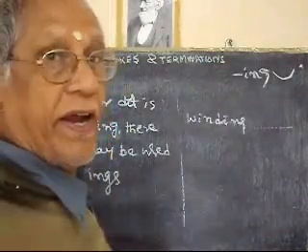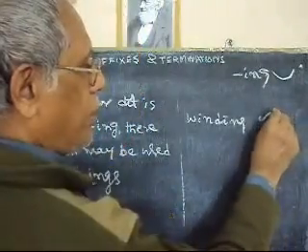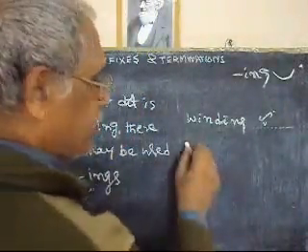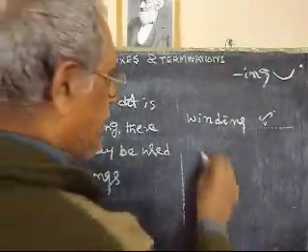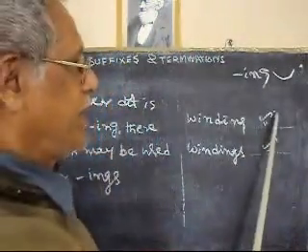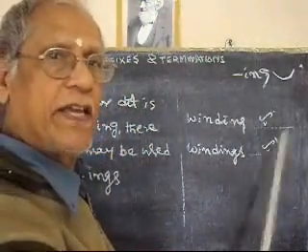Winding, windings. Here dot is used for ink. Here dash is used for inks.